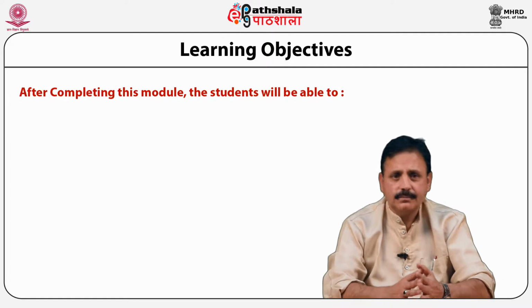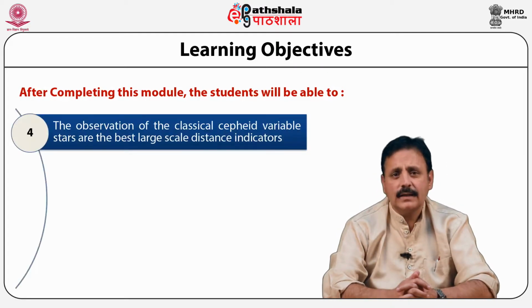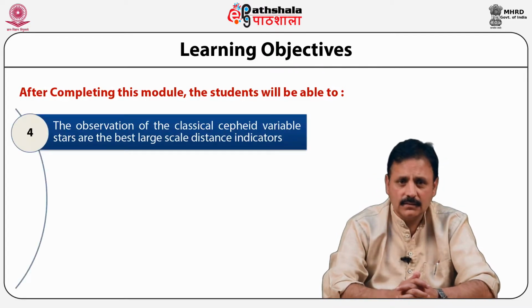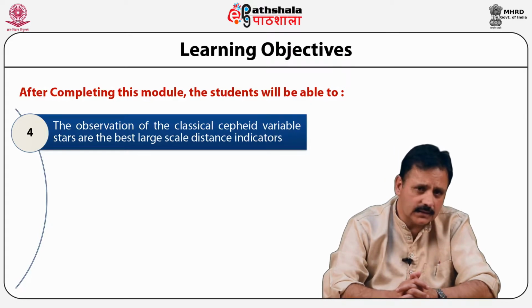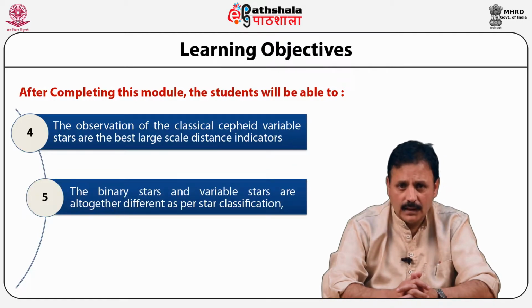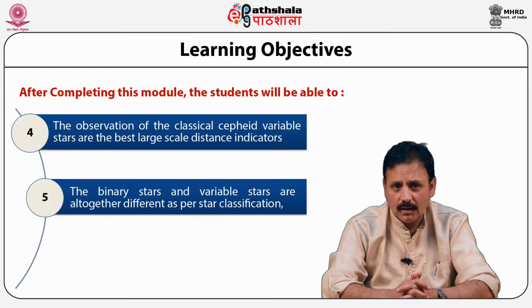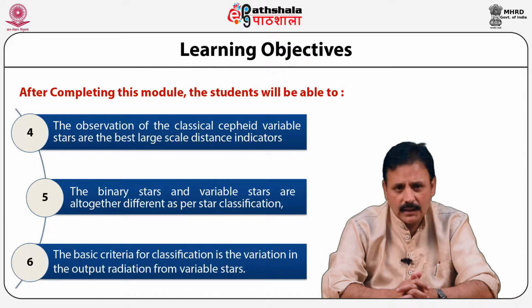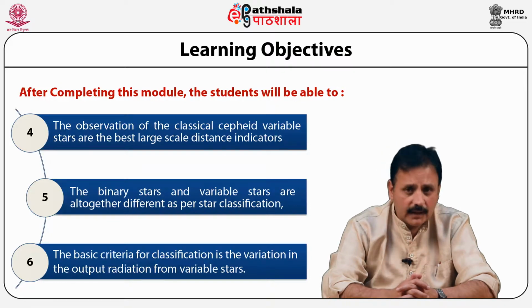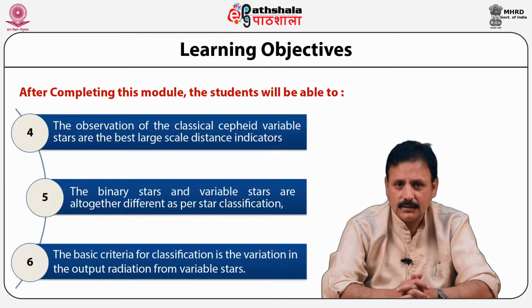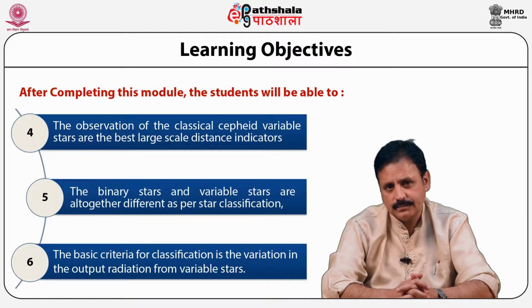To know that the observation of classical Cepheid variable stars are the best large scale distance indicators, and the binary stars and variable stars are altogether different as per star classification, and the basic criteria for classification is the variation in the output radiation from variable stars.